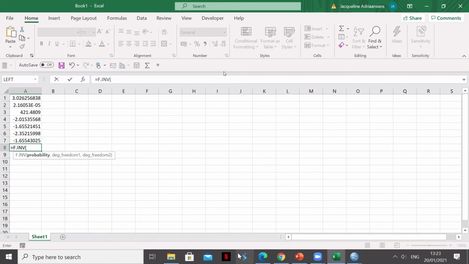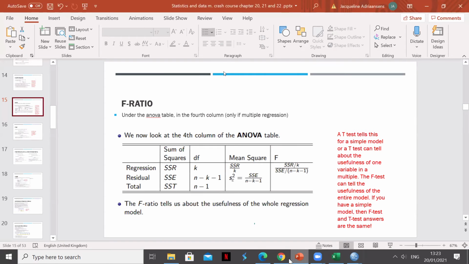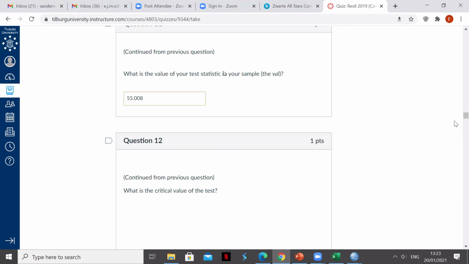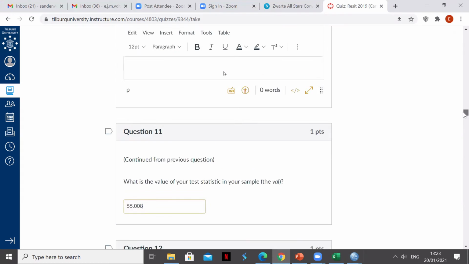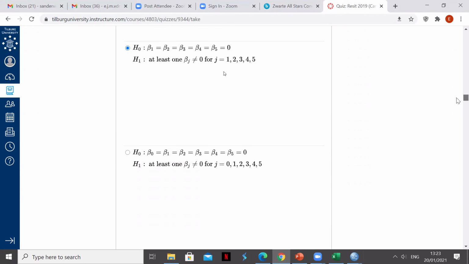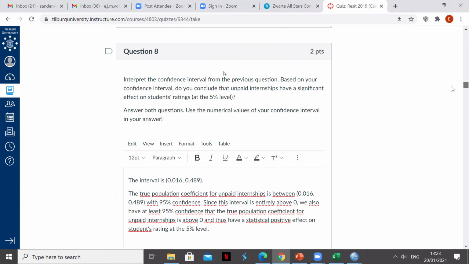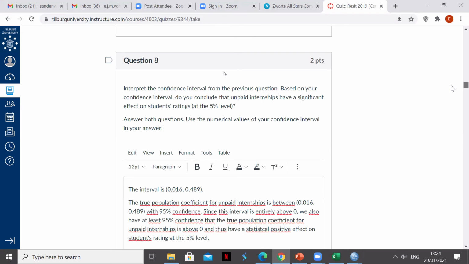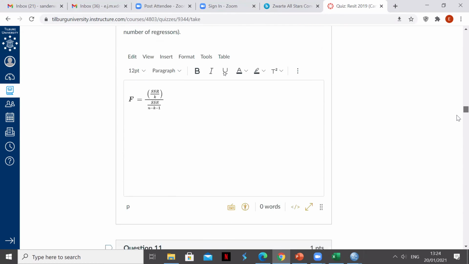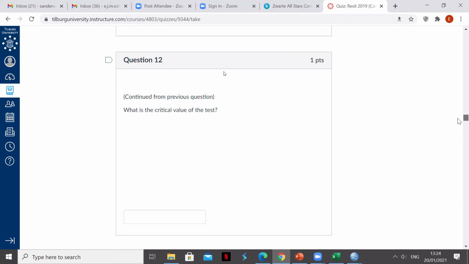The probability, how much was it? We need to look that up. Where is it?